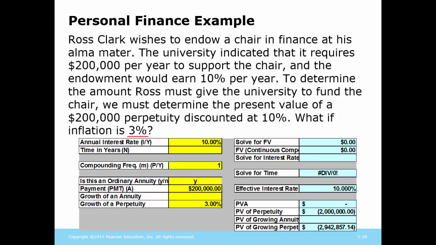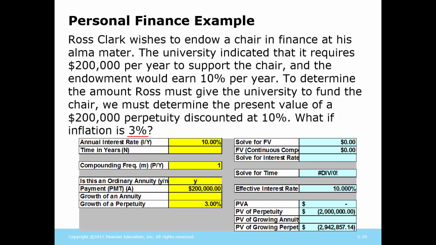If you want the perpetuity to grow by inflation, obviously, type in the growth rate. So down here, 2 million is what you need if you just want a flat 200,000 forever. But if you want it to grow by inflation forever, you actually need to invest 2.9 million. So 2.9 million will give us 200,000 this year.